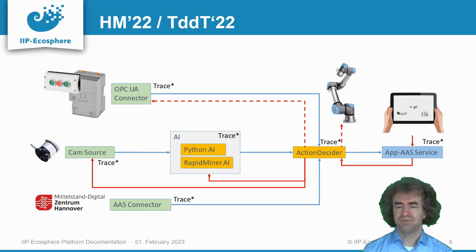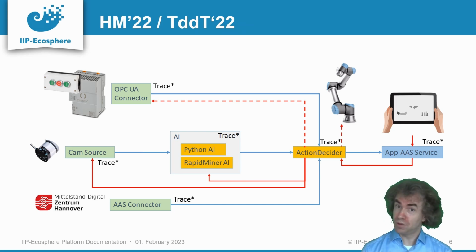RapidMiner RTSA. It involves a central control of data flows, taking camera pictures, pushing them through the AI, making a decision whether multiple camera pictures of the same element that you look at, it was just a small aluminium car model for quality inspection, whether they can be considered as a good car or whether it must go back to correction in production.